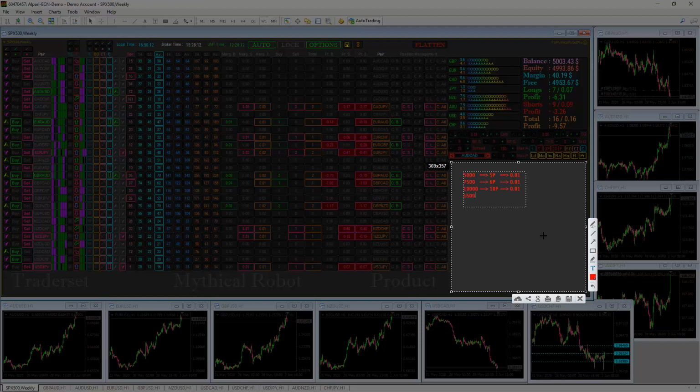At 15,000, I will still keep these 10 positions, but I will raise the lot size to maybe 0.02. At 20,000, still 10 positions, and I will make it 0.03.